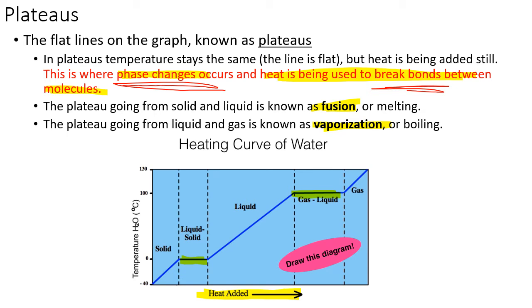And again, these plateaus are where phase changes happen and the heat energy is used to break the bonds between the molecules. Versus in a not plateau, as heat is added, the temperature goes up. That heat becomes kinetic energy and molecules move faster. At the plateau, the heat is being used to break apart molecules.